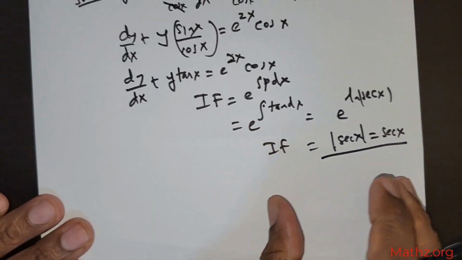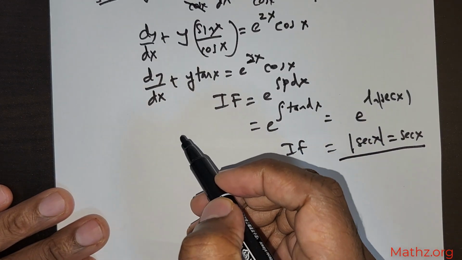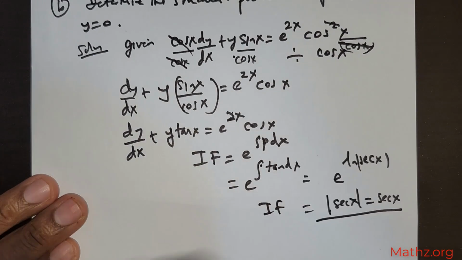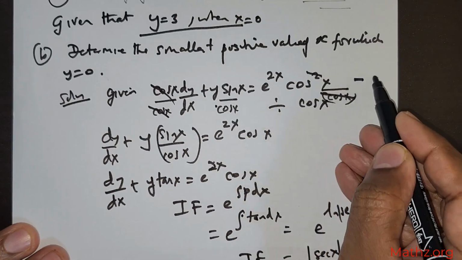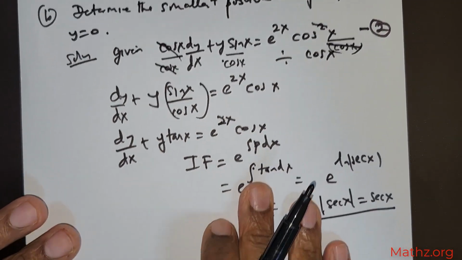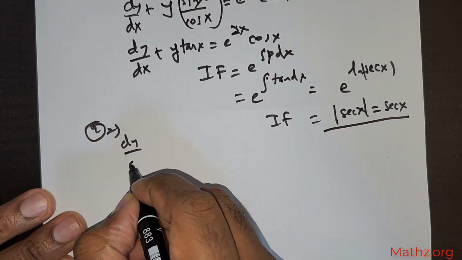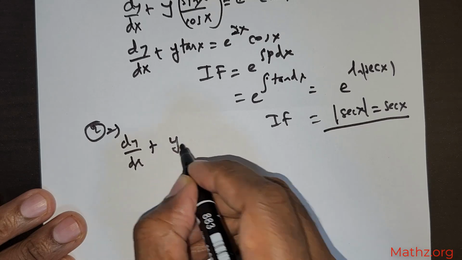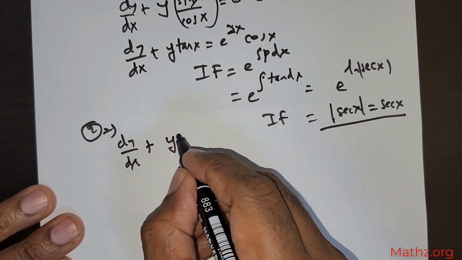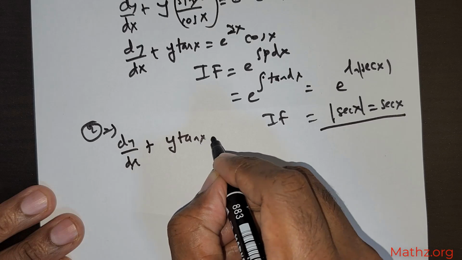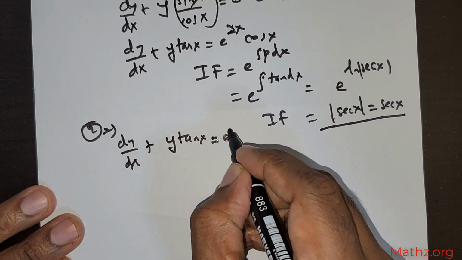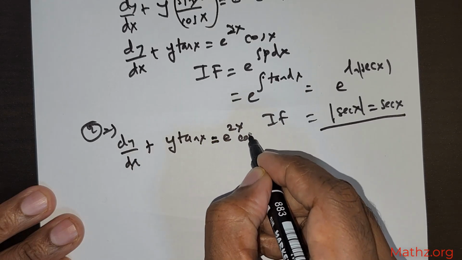Now what I wish to do is take this integrating factor and multiply it with equation 2. So this is 2: dy over dx plus y times tan x is equal to e raised to the power of 2x times cos x.